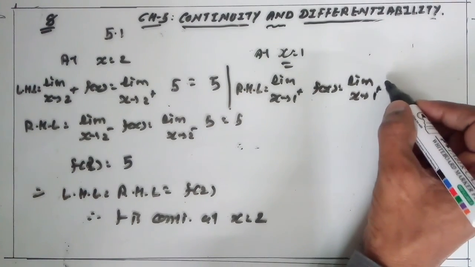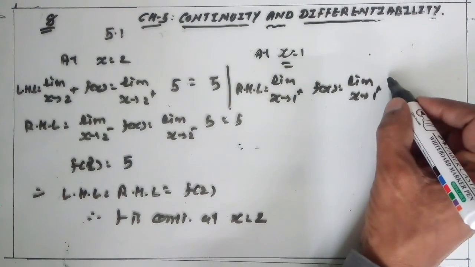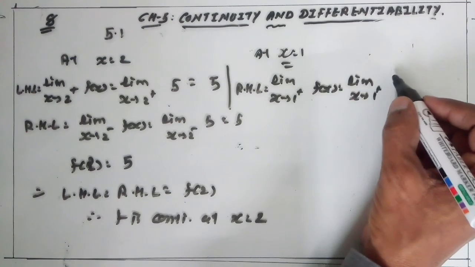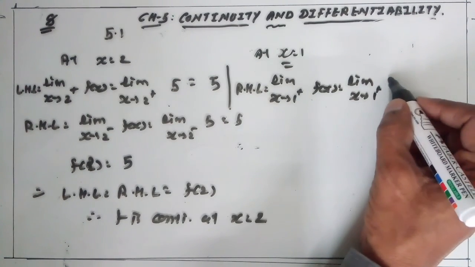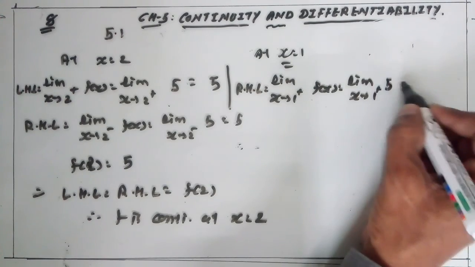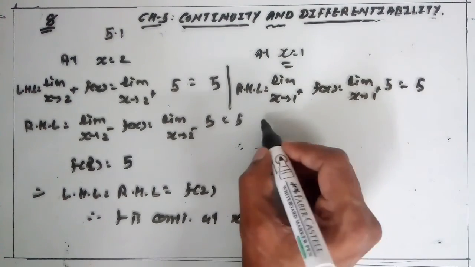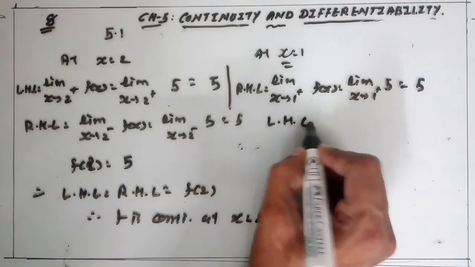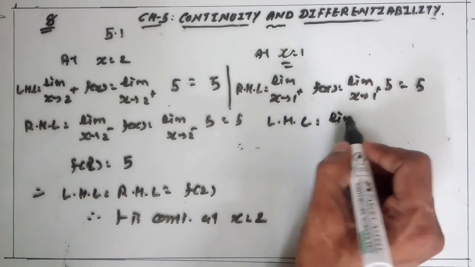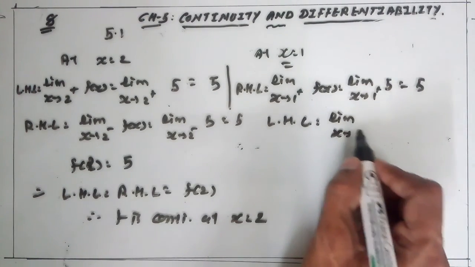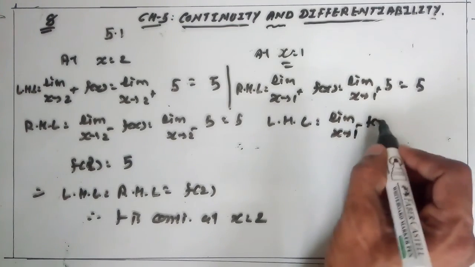So this becomes limit x tends to 1 positive. For positive, remember this, values of x greater than 1, so we select 5, so it is equal to 5. And the left hand limit is the limit x tends to 1 negative x.